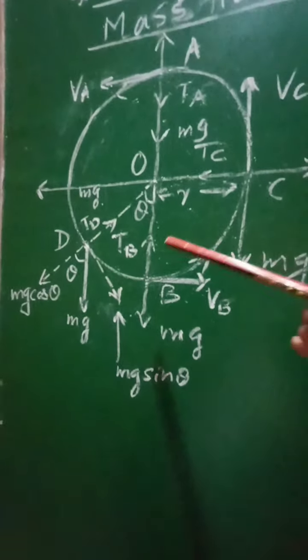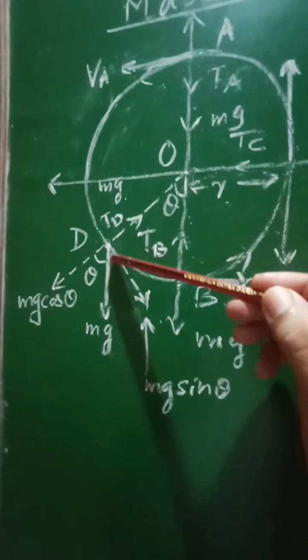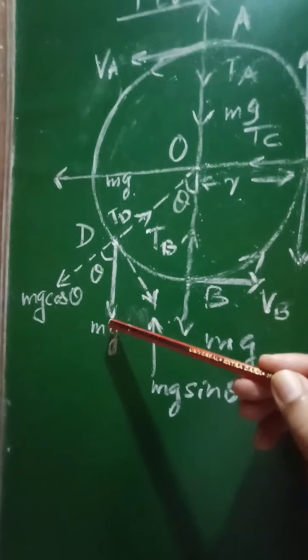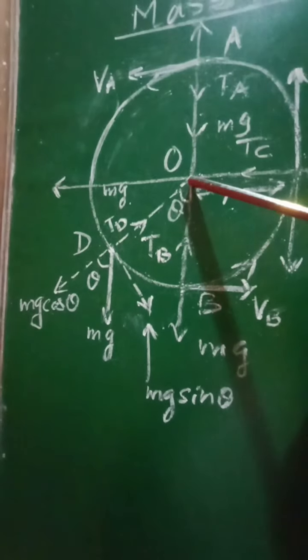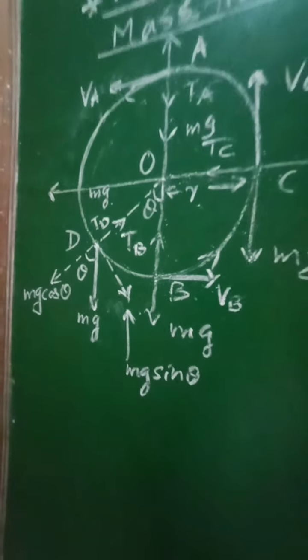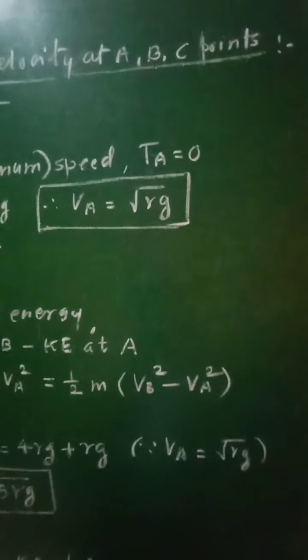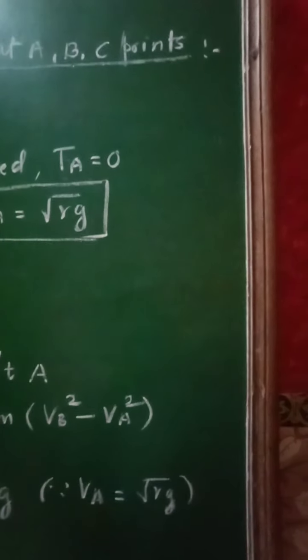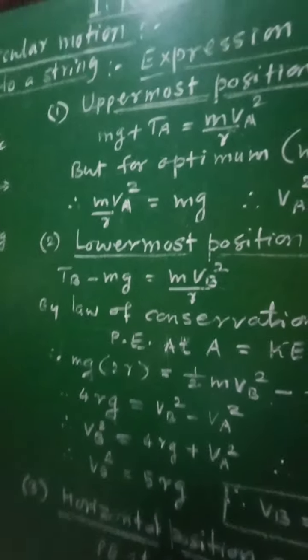Now if you consider any arbitrary point D here, the weight of the bob is acting in the vertically downward direction and tension is also directed towards the center of that circle. Therefore we will have to obtain the expression for velocity of that bob at three different points A, B and C.